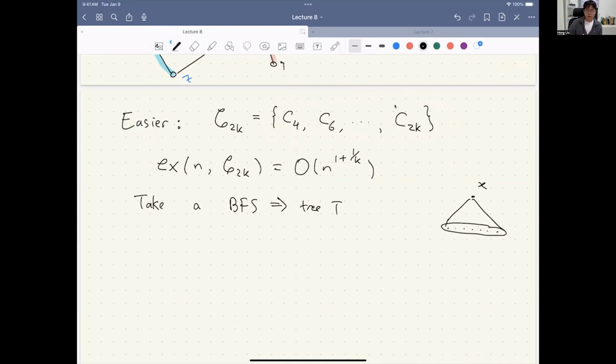All right. Now you finish the first layer exploration. In the second layer exploration, the neighborhoods are again pairwise disjoint, because if two intersect, you can go back and build a four-cycle. So these must be disjoint.